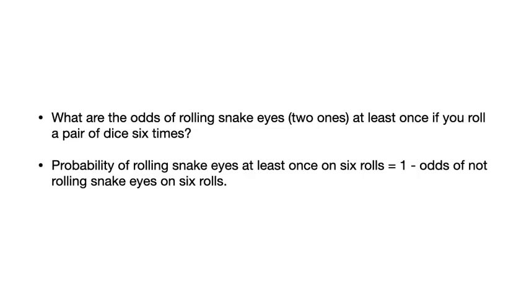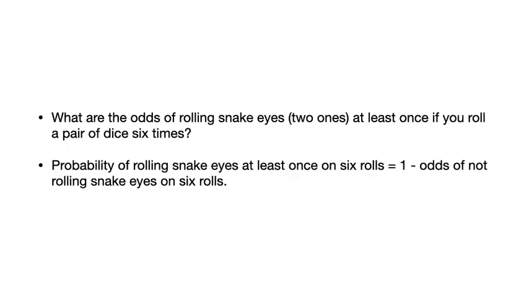Way more complicated math. You know, this one I wouldn't even do as a fraction. It's easier just to take the fraction and get a decimal number out of it. What's the probability of rolling snake eyes at least once? What equals 1 minus the probability of not rolling snake eyes on 6 rolls?